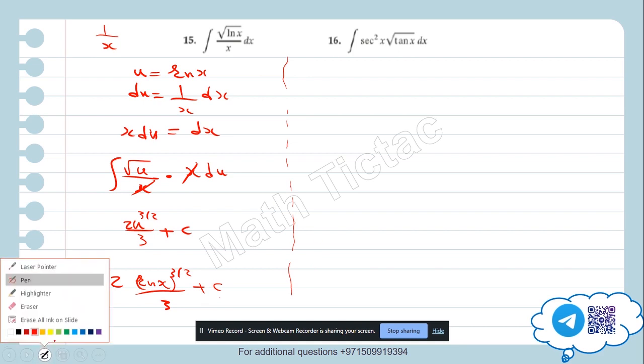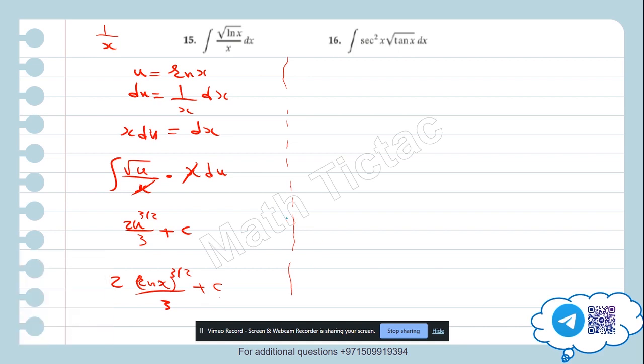So let's see how we can solve the last question, which is question 16. In here, the derivative of tan is equal to sec squared, so we can find its derivative. So u is equal to tan x. Okay, so now du is equal to sec square x dx.